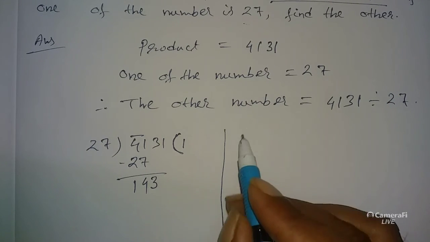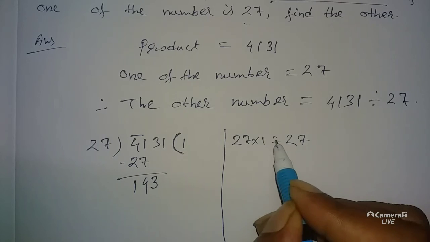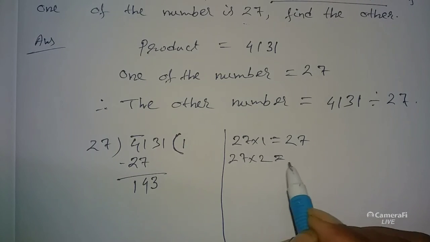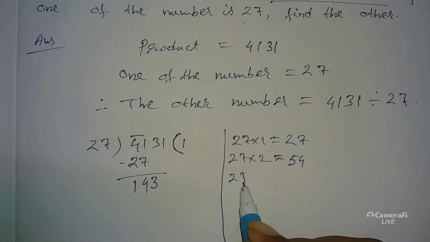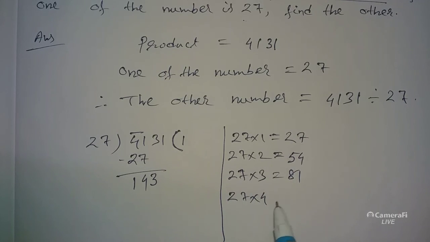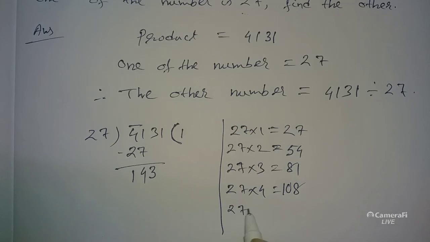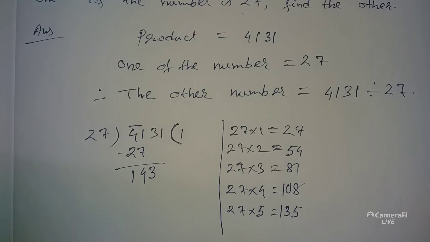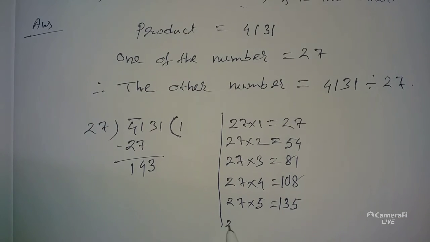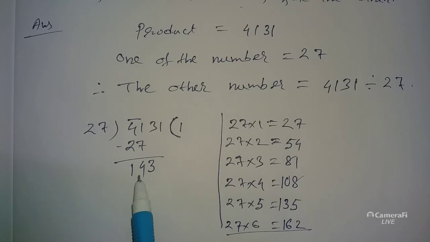Now make the table of 27 into 127. 27 into 2, multiplying by 2 we get 54. 27 into 3 is 81. 27 into 4, 4 7s are 28, 2 4s, 2 2s are 8, 10, 108. 27 5s, 5 7s are 35, 5 2s are 10 plus 3, 13, 135. 27 6s, 6 7s are 42, 6 2s are 12 plus 4, 16, 162, which is more than 143.